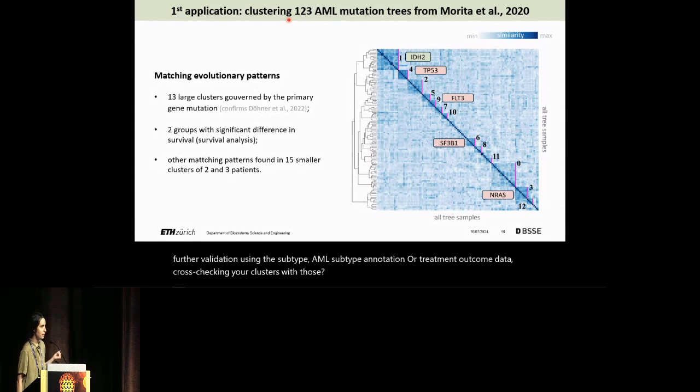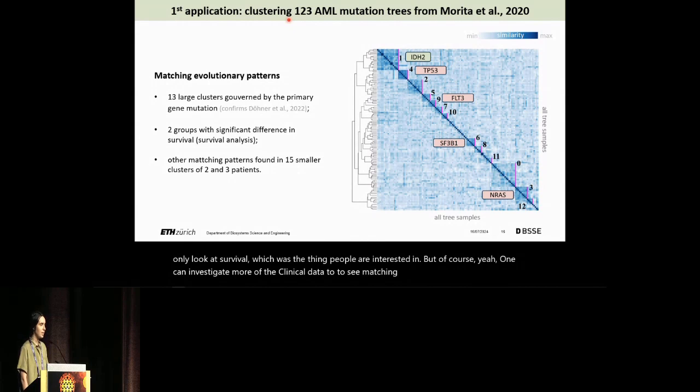So for this specific AML data set, we did a survival analysis. For the clinical data, we only looked at survival, which was the thing people are interested in. But of course, one can investigate more of the clinical data to see matching patterns.